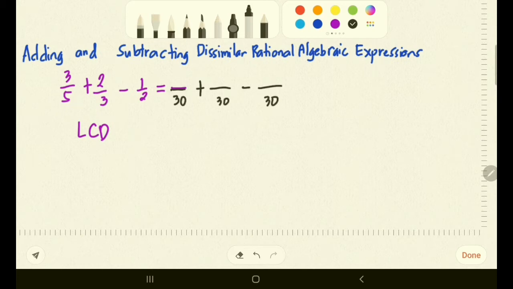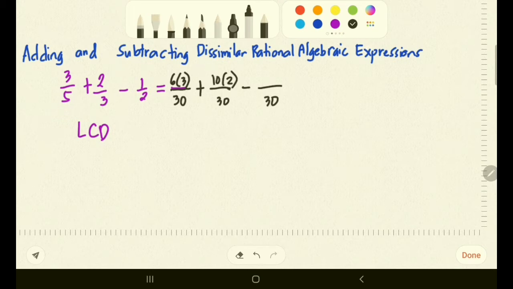Since the denominators are changed, of course, you come up with new numerators. So, 30 divided by 5 is 6, and then you multiply it to the existing numerator 3. Next, 30 divided by 3 is 10, times 2.